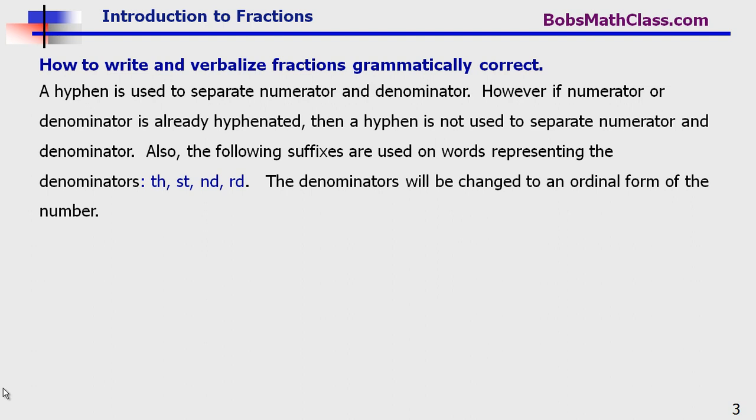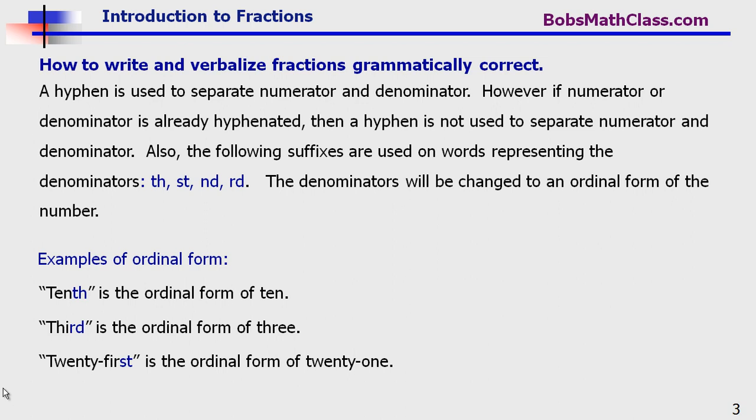And also the following suffixes are used on words representing the denominators: th, st, nd, and rd. We'll see some examples in just a moment. The denominators will be changed to an ordinal form of the number. So here's some examples of ordinal form.